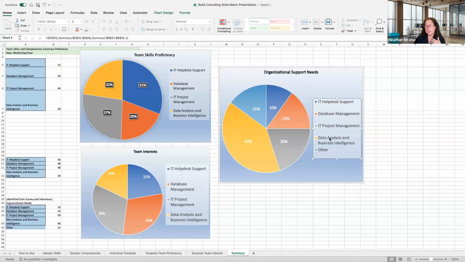But what they're really feeling they could use more of is data analysis and business intelligence. So we can see that data point from what the organization has said.